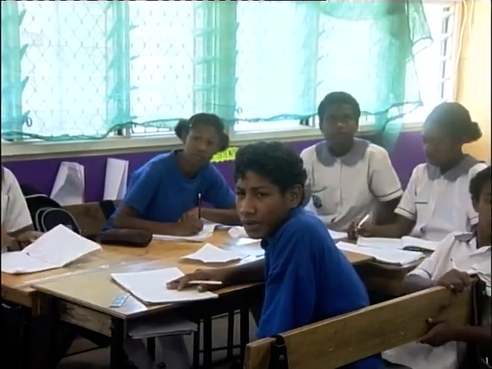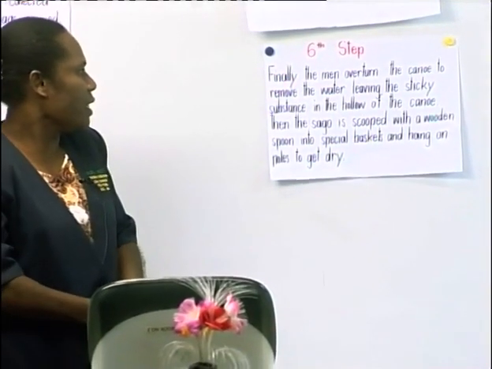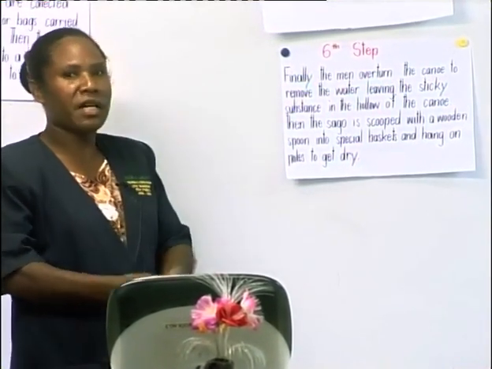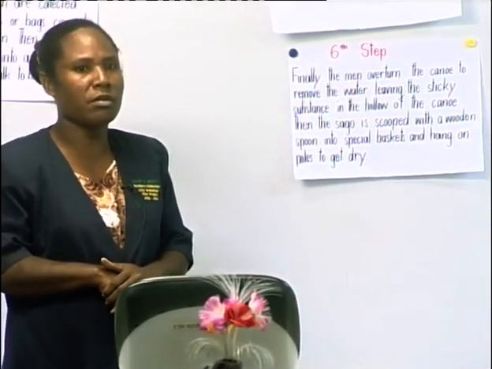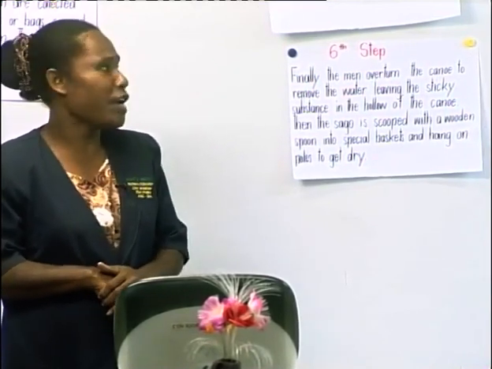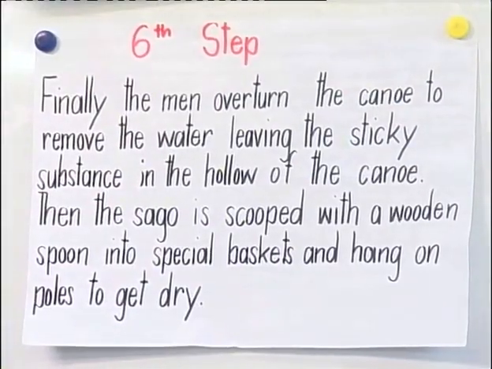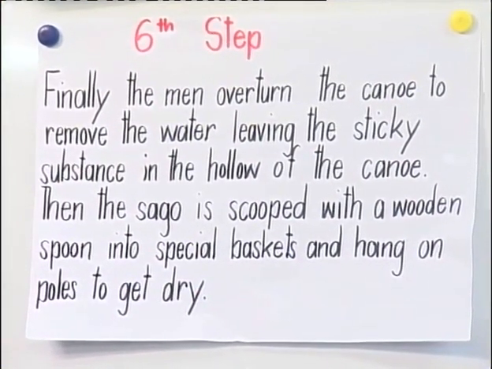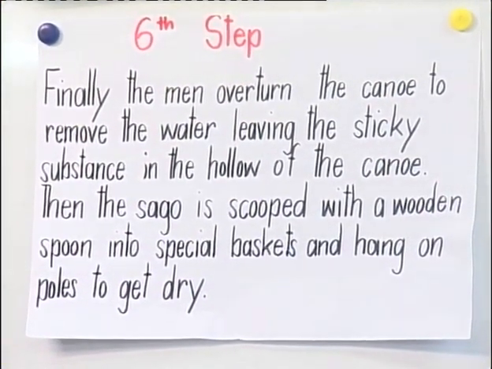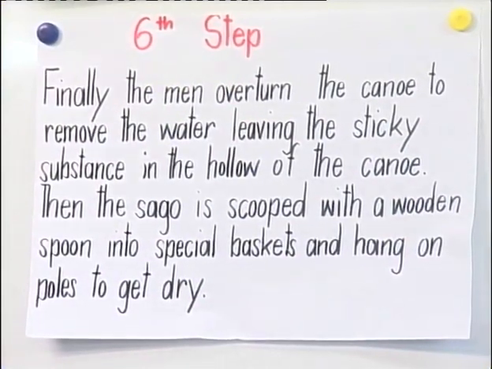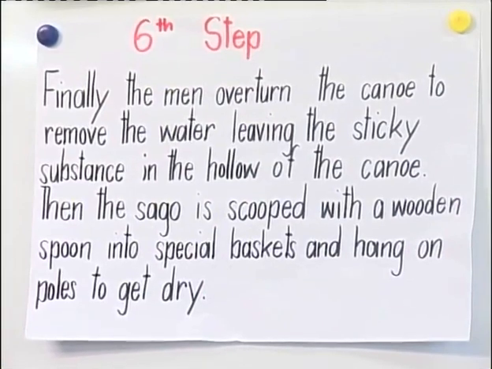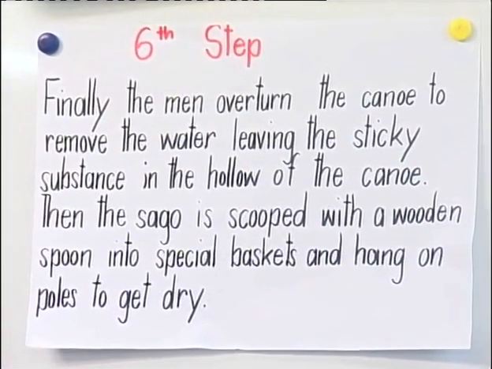The sixth step. Finally, the men come in after the sago has settled for half an hour. They come to overturn the canoe just to allow the water on the surface to be poured out or removed, leaving the sticky substance stuck onto the hollow of the canoe.